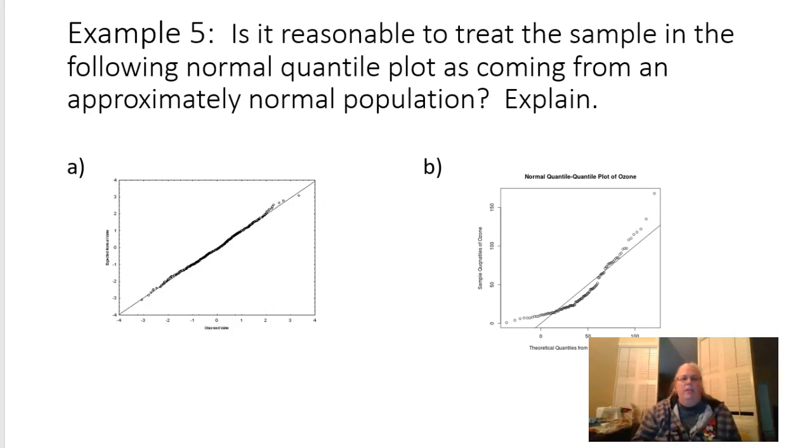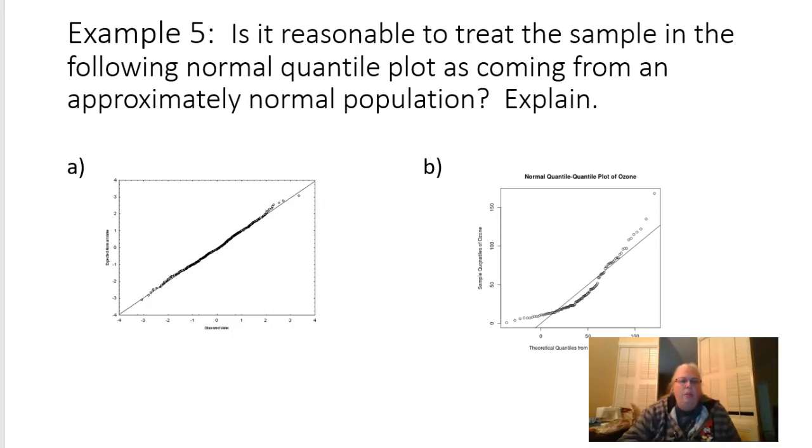Example 5, is it reasonable to treat the sample in the following normal quantile plot as coming from an approximately normal population? What we're looking for here is, do all of the points that are plotted fall pretty close to a straight line, or is there any sort of curvature going on? Now if we look at graph A, these points seem to be hugging very, very close to this straight line.